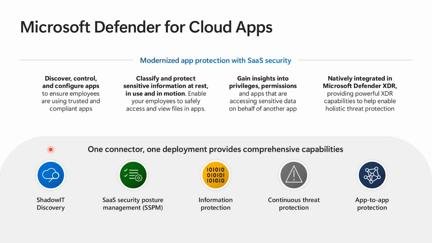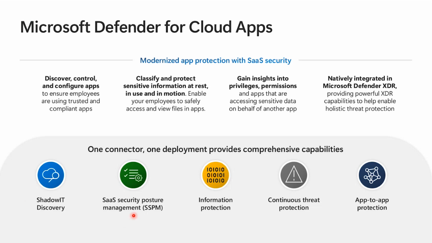Well, now using Defender for Cloud Apps, we're able to combine that and use the endpoint to detect which SaaS applications, which web applications are used by users on their endpoints. So it permits us to do shadow IT or even shadow AI discovery.